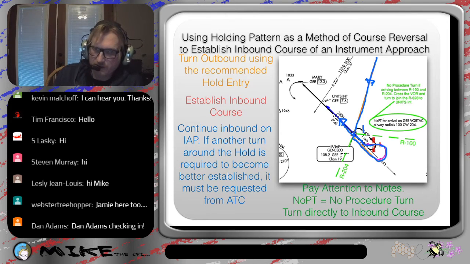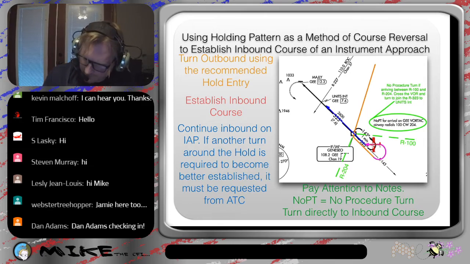If you need to do any turns in the holding pattern or any loops, maybe to lose altitude that you need or get the airplane set up or better established, you actually have to request that from air traffic control. Otherwise, if you're cleared for this instrument approach, you're expected to just go outbound, turn around, get back inbound, and then proceed inbound on the instrument approach. So again, if you need extra turns there for whatever reason, you have to request that specifically from air traffic control.